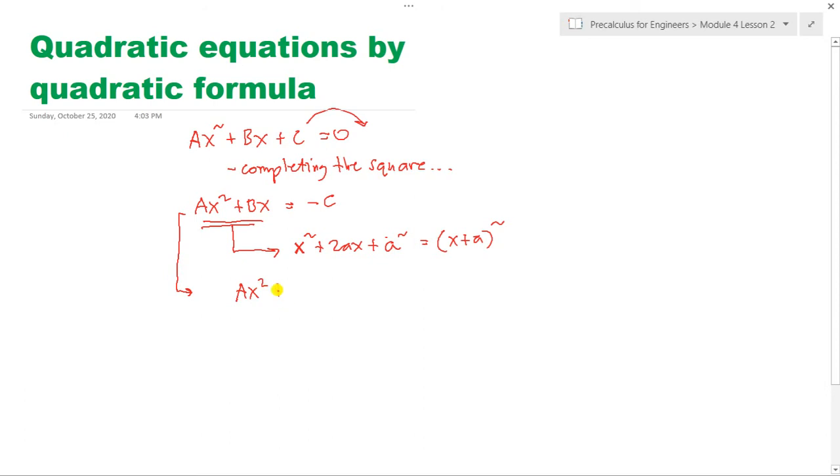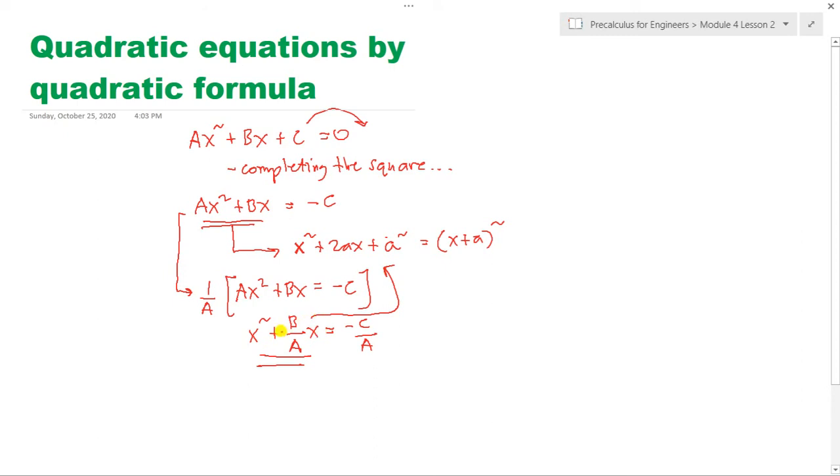So ax squared plus bx is equal to negative c. So multiply both sides by 1 over a, or divide. So what's left is x squared plus b over a x is equal to negative c over a. So okay na. This one is already similar to this.